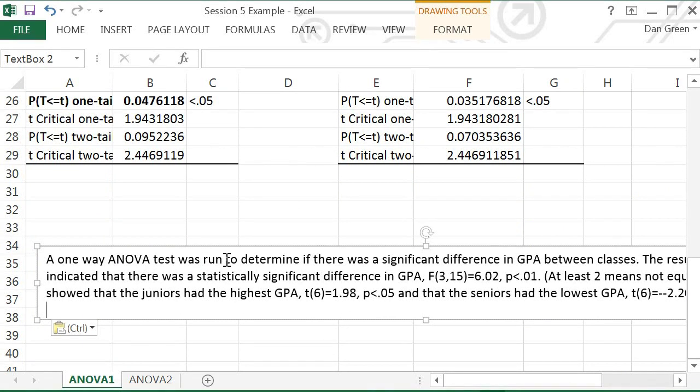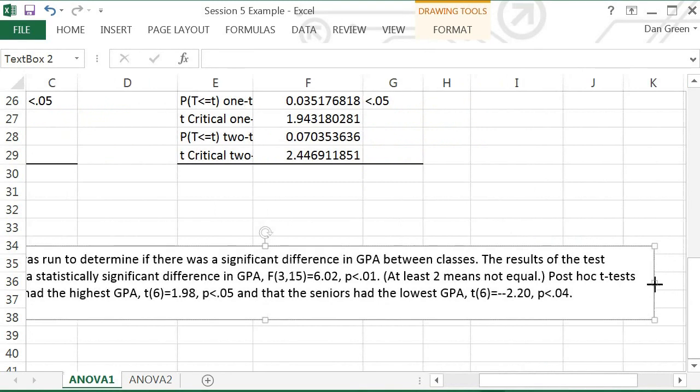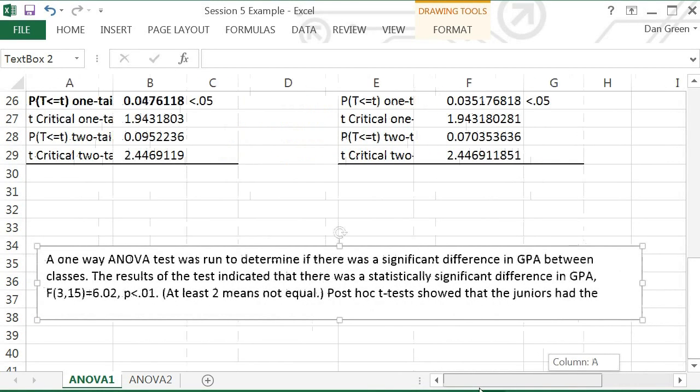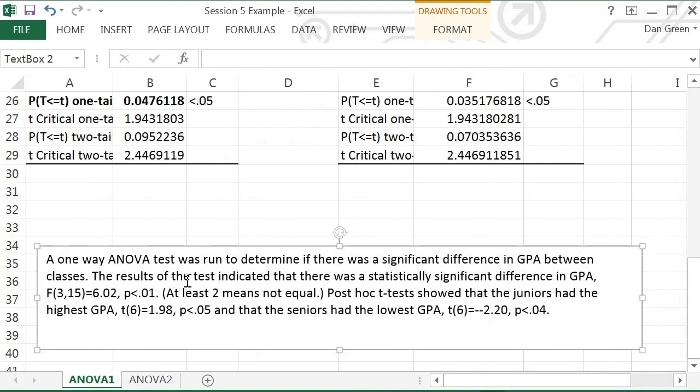A one-way ANOVA test was run to determine if there was a significant difference in GPA between the classes. Let's go ahead and tighten that up a little bit so it's all in the same window. The results of the test indicated that there was a statistically significant difference in GPA. That is from the ANOVA test.